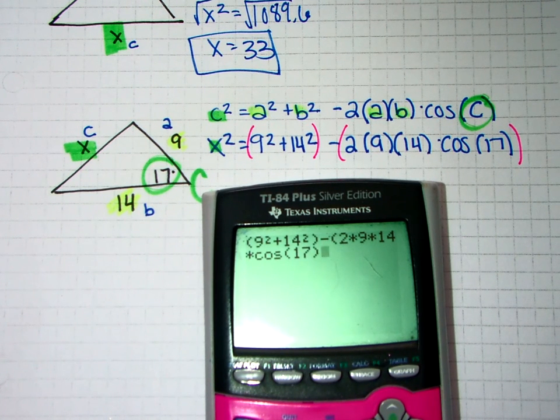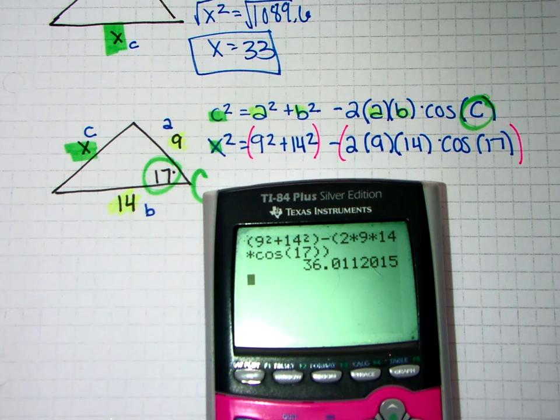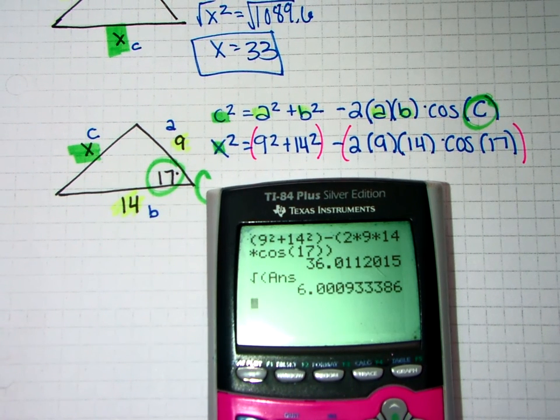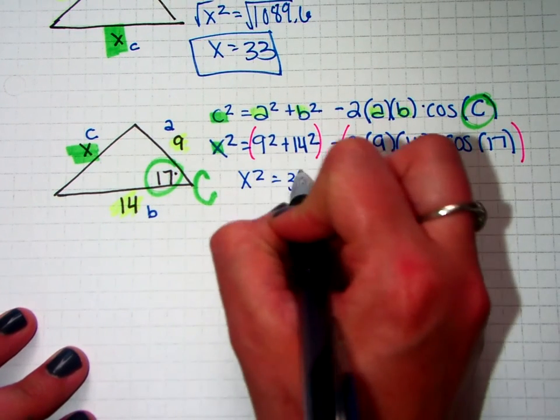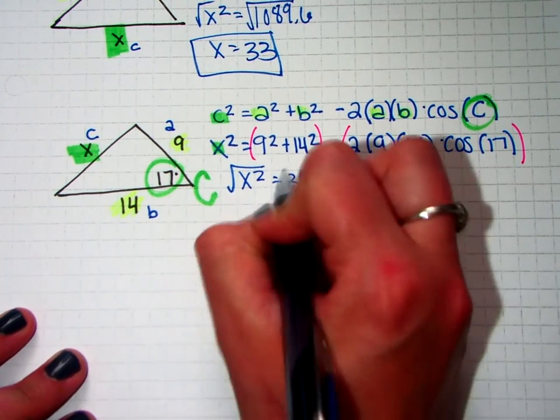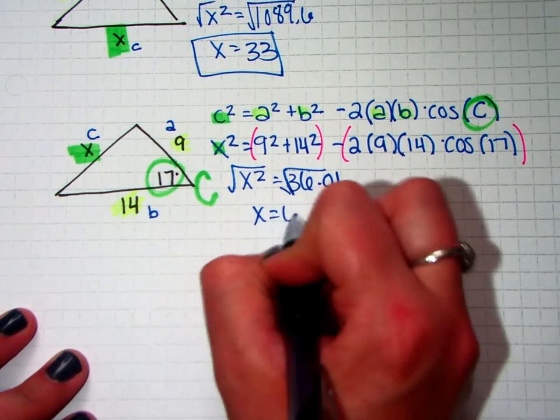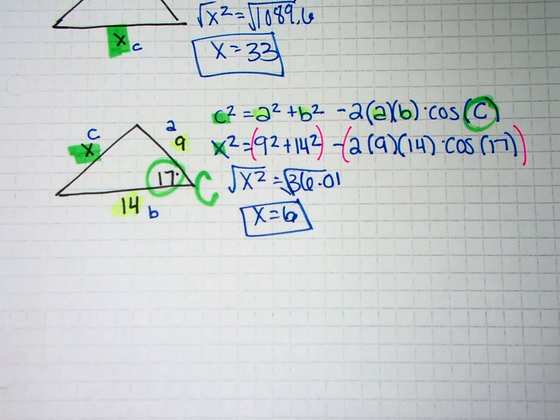Close parenthesis, close the other one, and I get 36.01. Square root that answer, 6. So x squared we got 36.01. Square rooting that answer gave us an answer of 6. Now remember to use law of cosines whenever you have one angle and 3 sides.